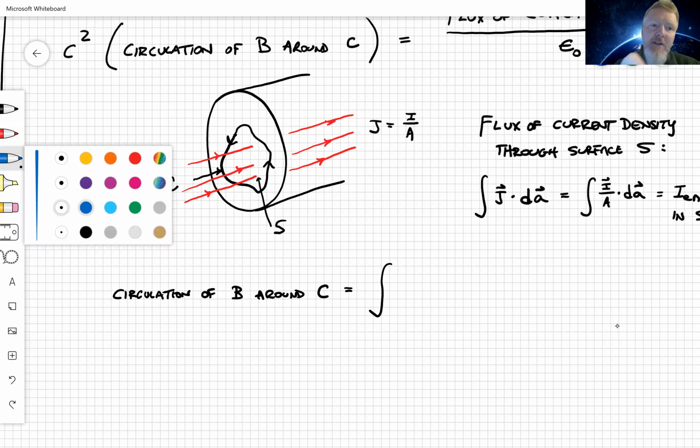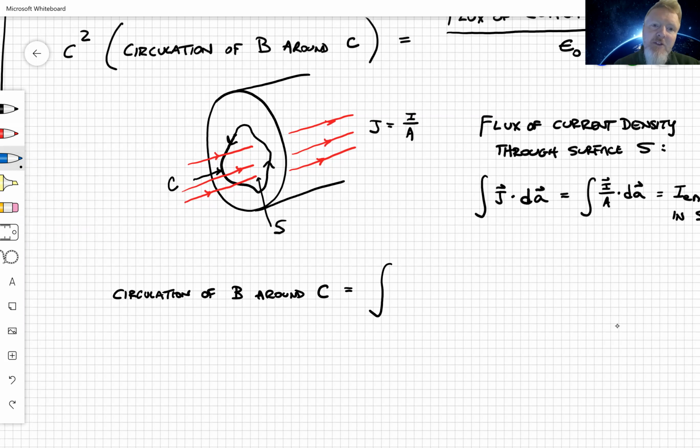So if I were to draw B here, suppose there's a B vector going off like this. I'm going to take a ds, which is that way. I need the dot product. I'm asking how much of that B vector is going around my curve, my curve C here. How much of that's going around?